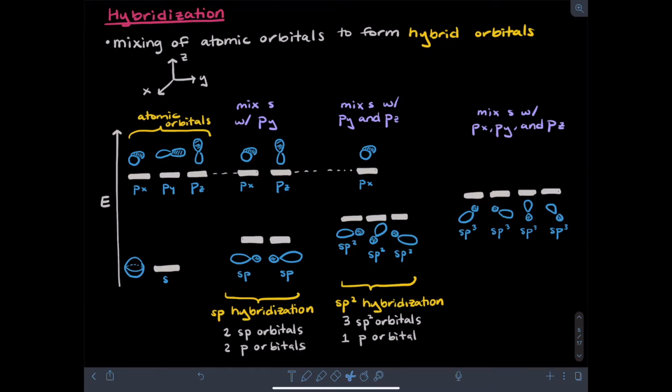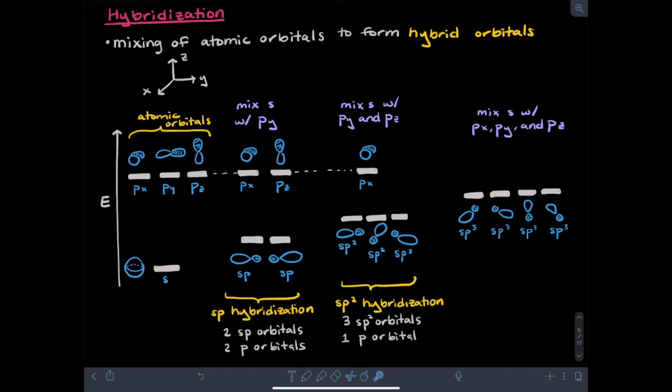Here again, our hybrid orbitals have 1 larger lobe and 1 smaller lobe. And in this case, I've tried to draw it, but I didn't do too good of a job. I tried to draw that they're sort of oriented 109.5 degrees apart, sort of pointing out in a tetrahedral way.